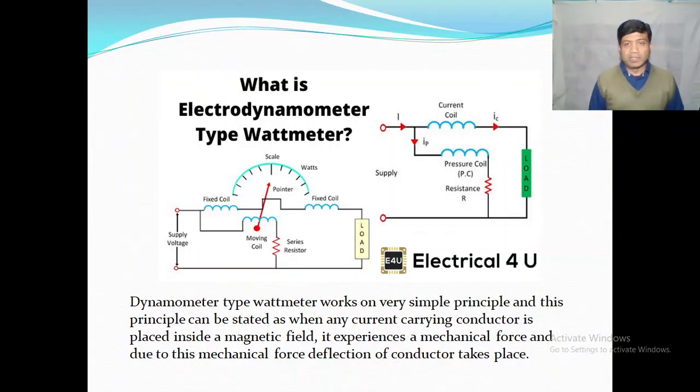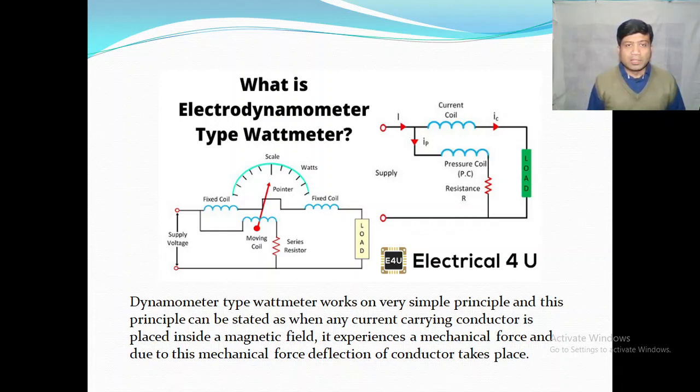Now, before we start our session, let me introduce you to what a wattmeter is and how it makes the reading of the power. A device which measures the power is called a wattmeter, and the measurement of the power is done by the product of the voltage and current.